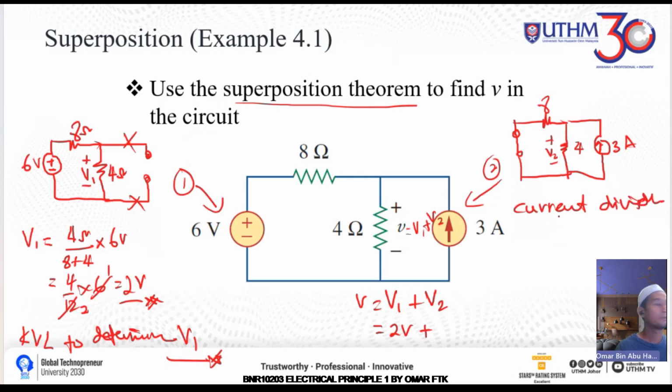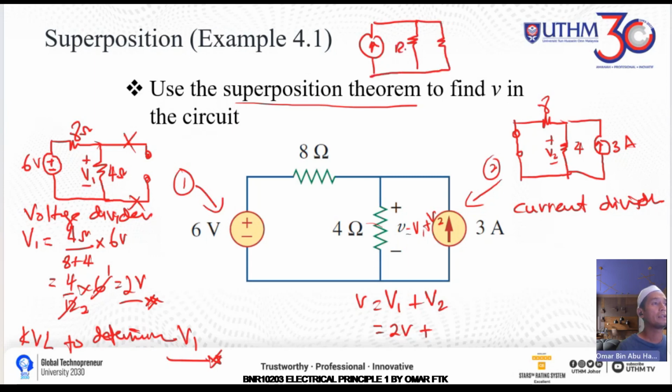So this one is the voltage divider method. For the current divider method, let's say you have a current source, and then you have R1 and R2 in parallel.